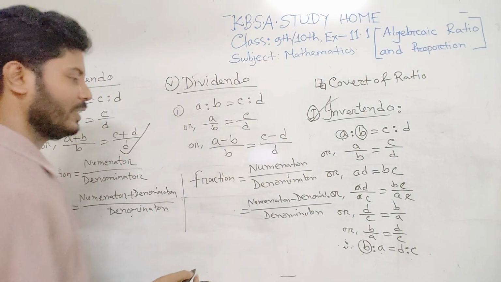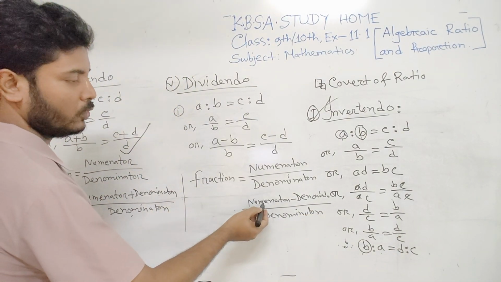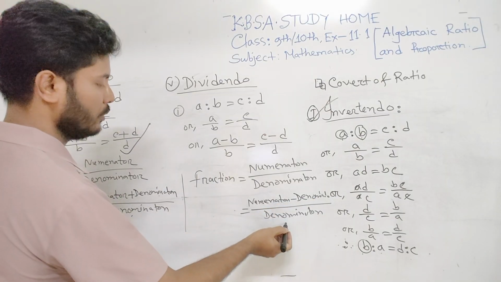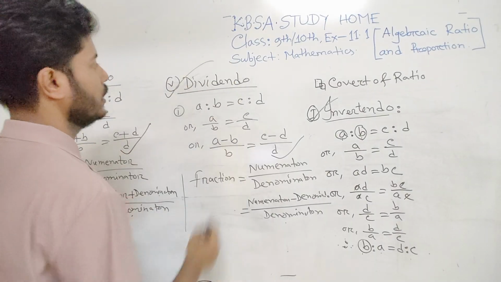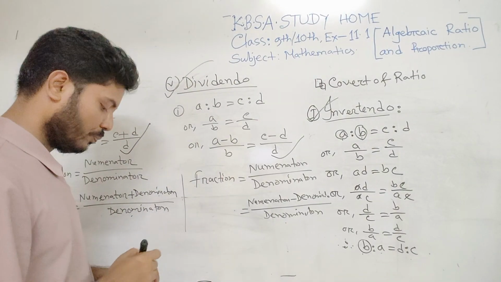We can write it in this format: numerator minus denominator divided by denominator. This system we call dividendo.